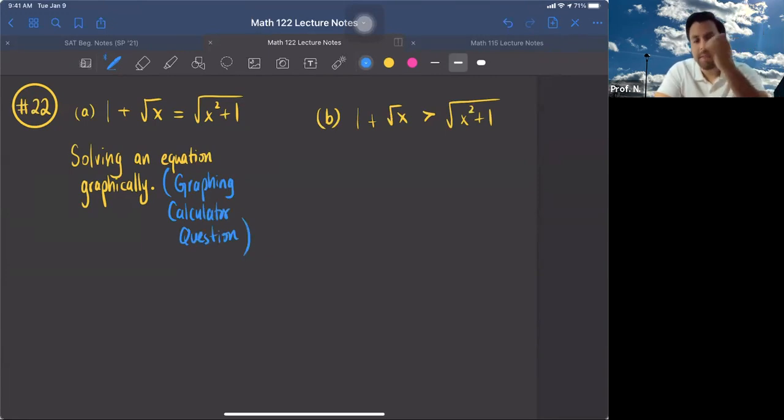Well, we don't have at this moment an algebraic way to solve this. You start to see this gets complicated pretty quickly, right? If there was no radical here, we would have a quadratic equation, and we know how to deal with quadratic equations.